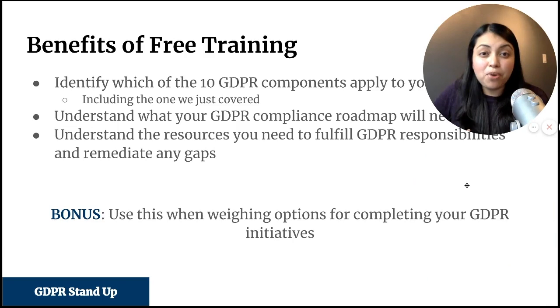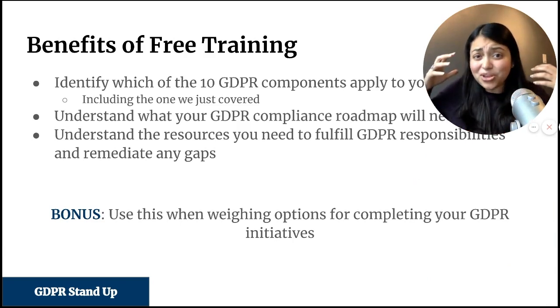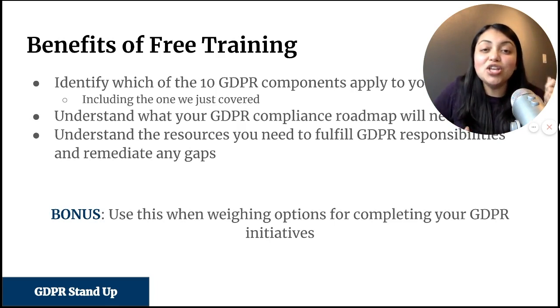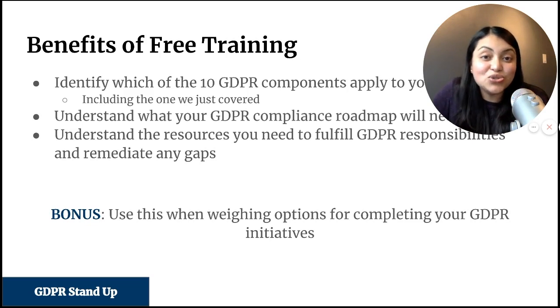And just as a bonus, you can create this, document it, and keep it. And you can use this when you're weighing your options for completing your GDPR initiatives, whether it be bringing on a consultant, hiring a new employee, delegating this to someone else in the team, or doing it yourself, which again, is definitely doable.